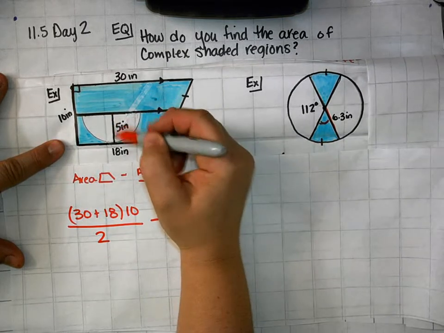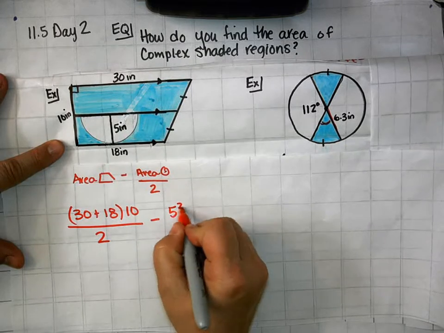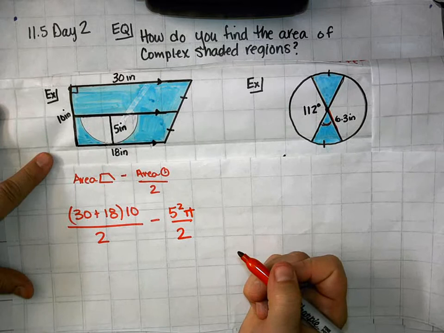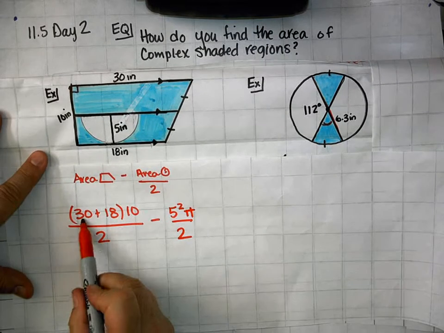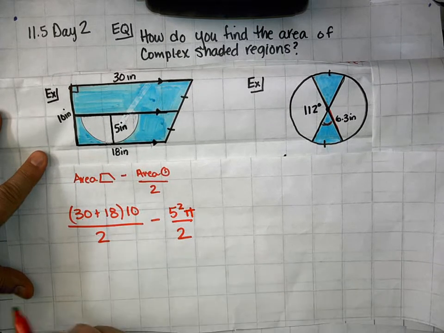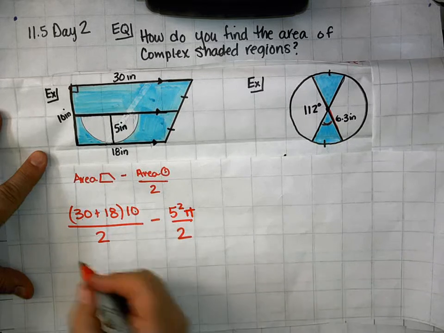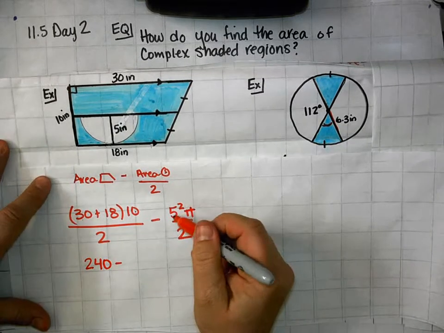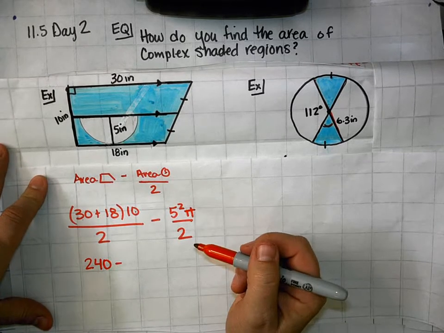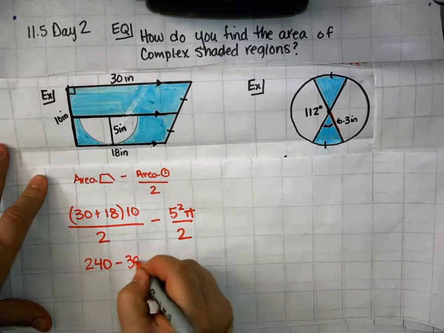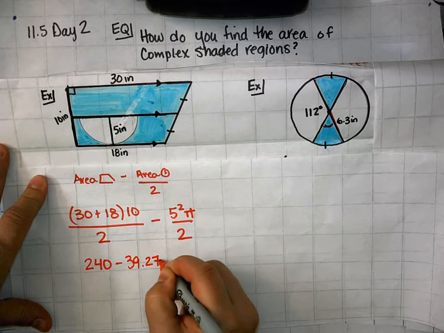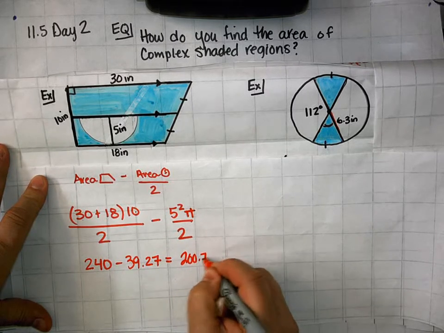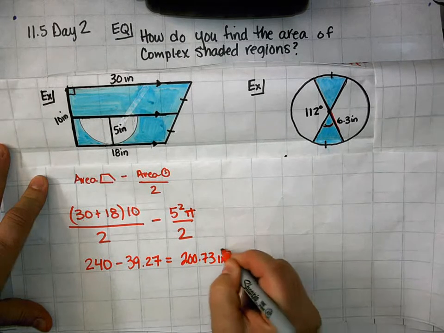So the radius of the circle is 5, and I need to square that and multiply by pi, and then not forget to divide by 2. 30 plus 18 is 48, times 10 is 480, divided by 2 is 240. When I plug 25 pi divided by 2 in my calculator, I get 39.27. When I subtract these values, I get 200.73 inches squared.